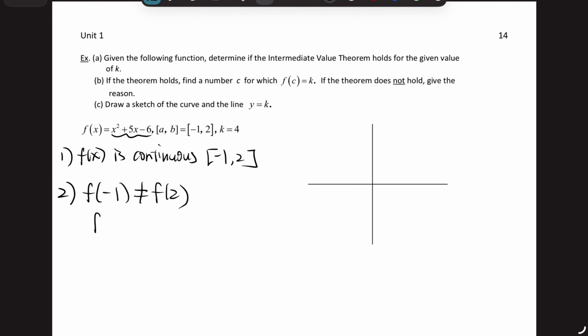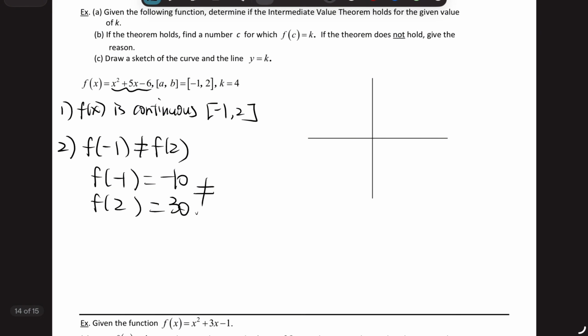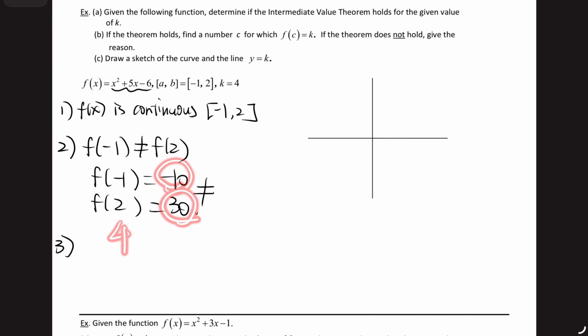If you plug it in, f of -1 is -10, and f of 2 is 16 plus 20 divided by -6, which is 30. Since they're not equal, the second condition of IVT is met. The third condition is that we have to make sure k is between these two values. Is 4 between -10 and 30? The answer is yes.